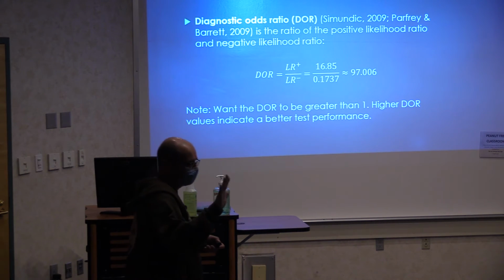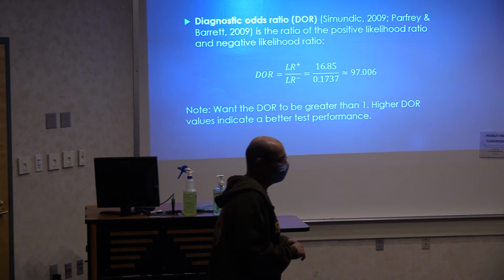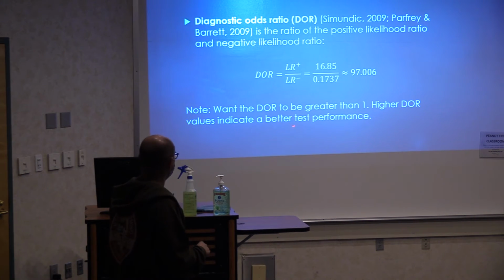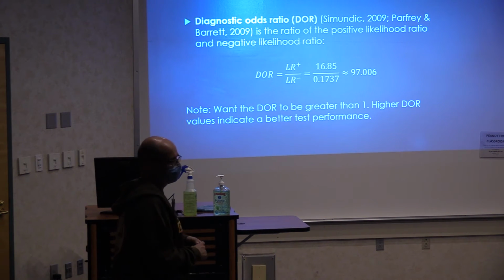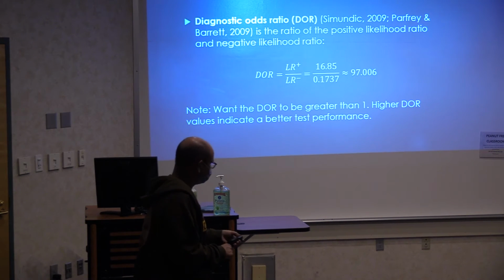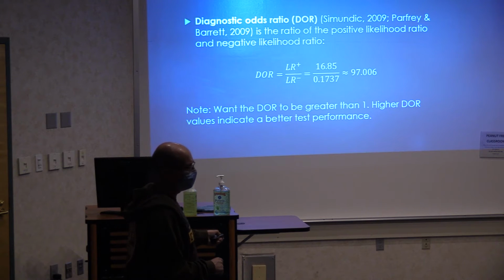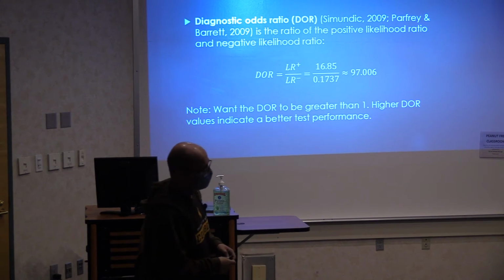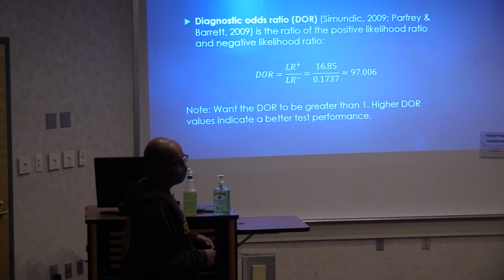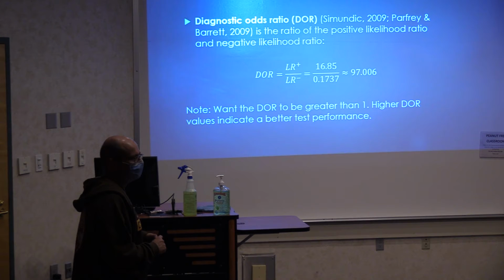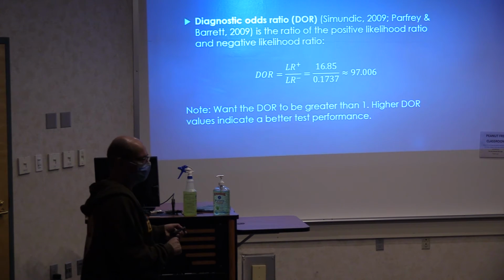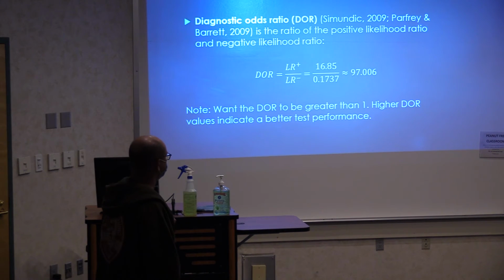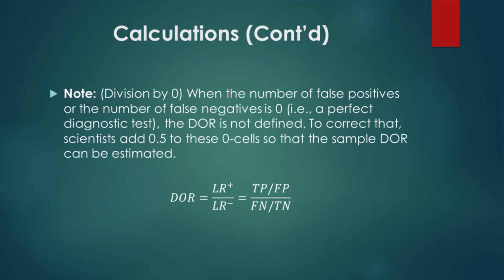Oh, it's at least 20, we're doing good. The higher the DOR, the better the test performance. That's basically what they're looking at. If this is like 100 or 200, they'll be really happy. You don't want this number to be below 1 for sure. You're not doing something right, or you messed up your number somewhere along the line.